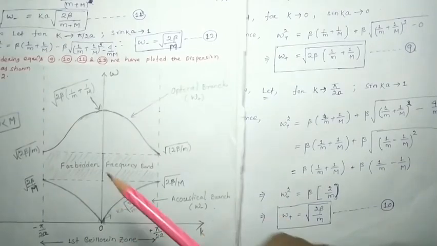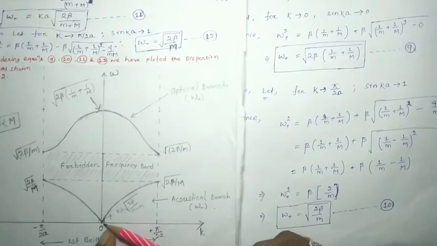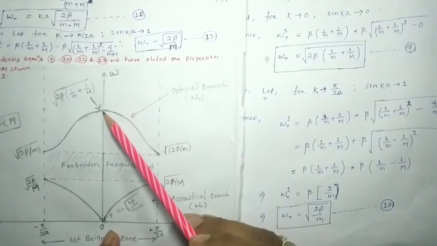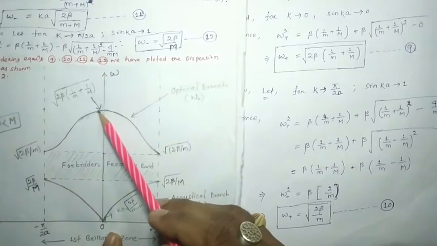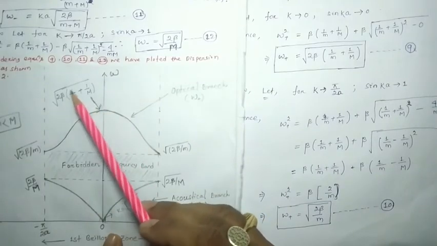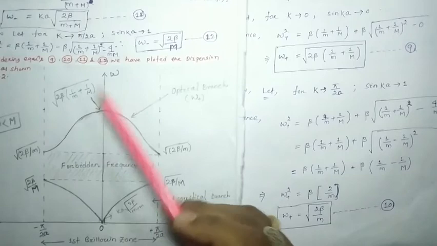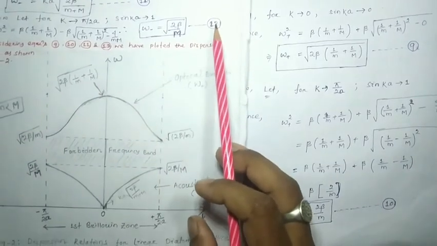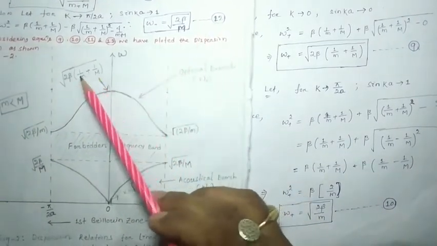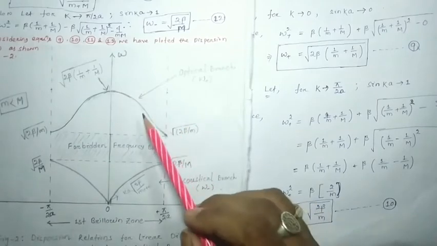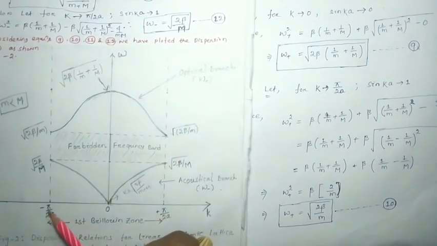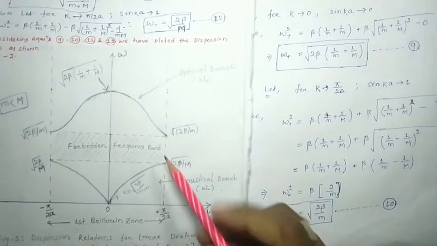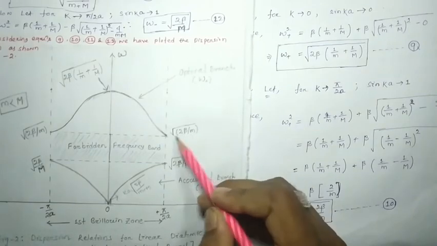Now consider omega plus. At k equal to 0, the omega plus value will be nothing but 2 beta into 1 by m plus 1 by capital M, root over. At plus pi by 2a and minus pi by 2a, we found 2 beta by small m, root over.